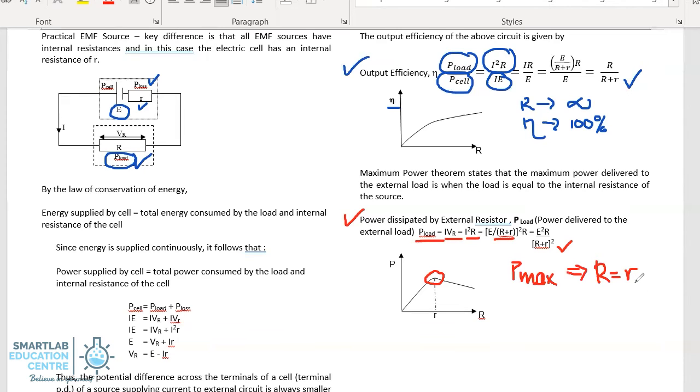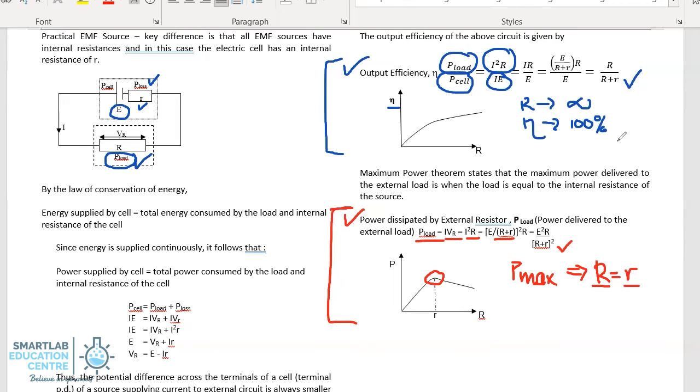So there are now two approaches to maximizing the power at the load. Which one should we follow? Should we follow this graph here and make the external resistance equal to the internal resistance? Or should we maximize the external resistance so the efficiency is 100%?